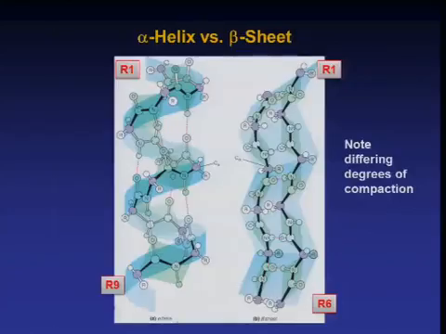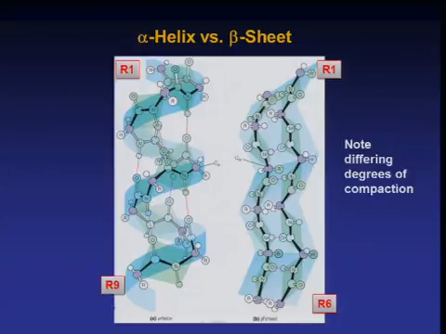So if we look at the alpha helix side by side with the beta sheet, so in this case we're looking at, let's say, drawn to scale, so that we've got a beta sheet next to an alpha helix, the same distance. If you count the amino acids, count the R groups, R1 is here, R2, R3, R4, R5, R6.